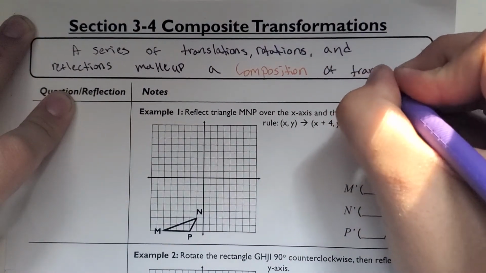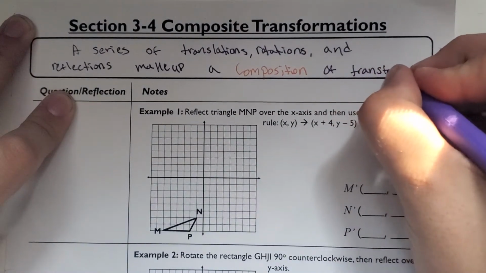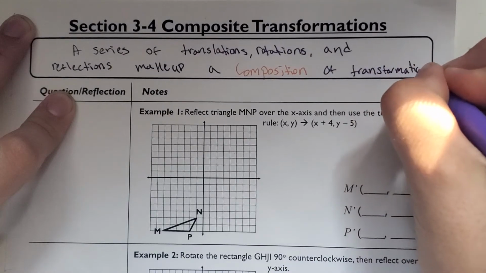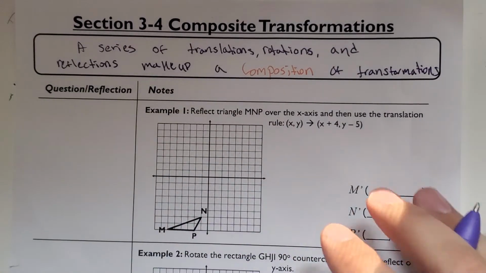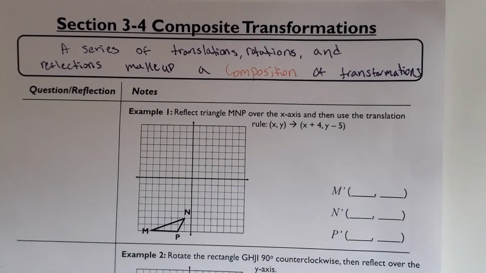So that word composition, hold on, let me finish spelling before I try and talk, because I can't talk and spell. So a composition is, like I said, just that multitude of transformations happening at once.